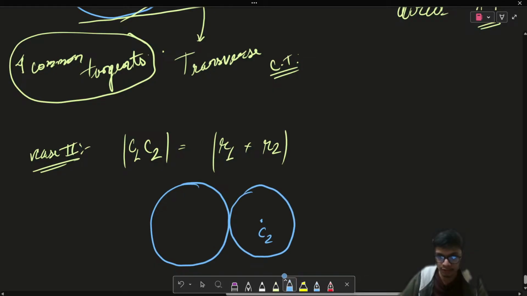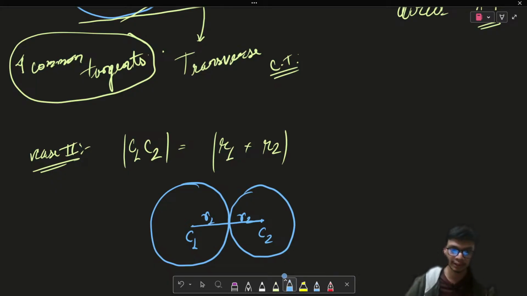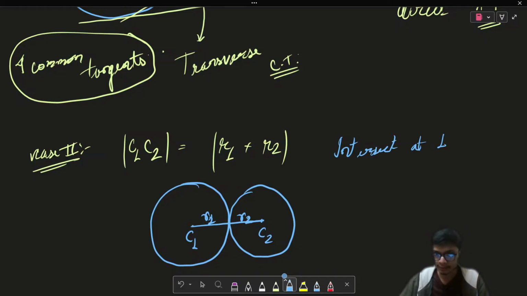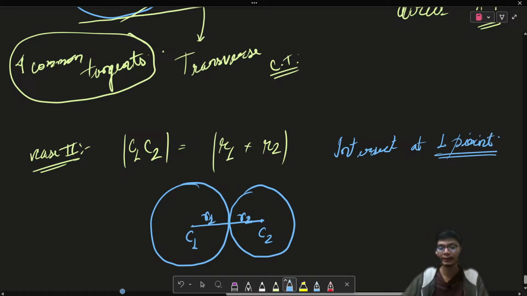If this is C1 and this is C2, then C1C2 equals R1 + R2. If this holds true, then the circles are intersecting at only one point.